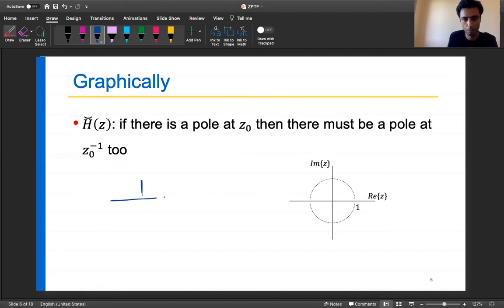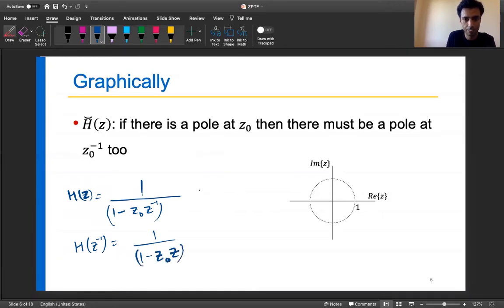Consider this example, 1 upon 1 minus Z naught Z inverse. There is a pole at Z naught. Let me keep it, HZ is this, right? So what does this mean? My H of Z inverse will become equal to 1 upon 1 minus Z naught Z, right?